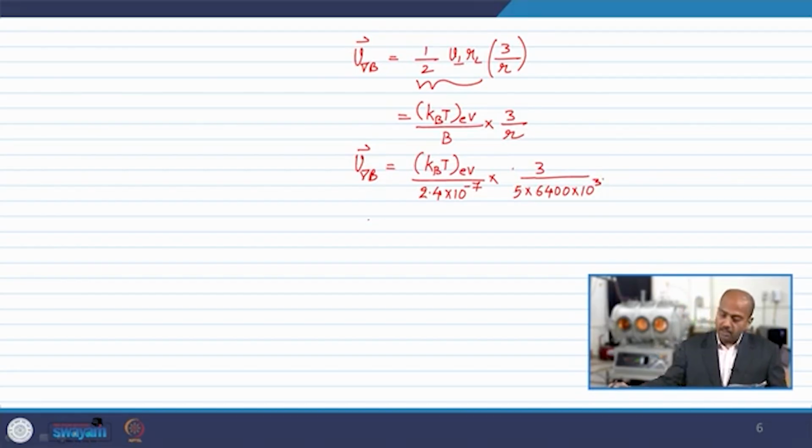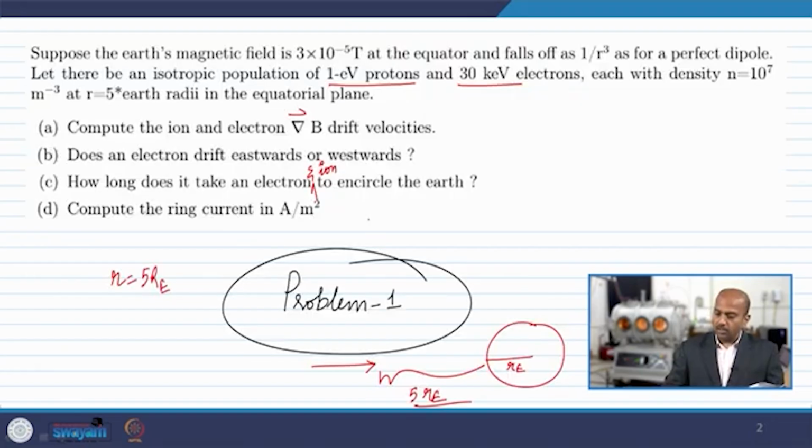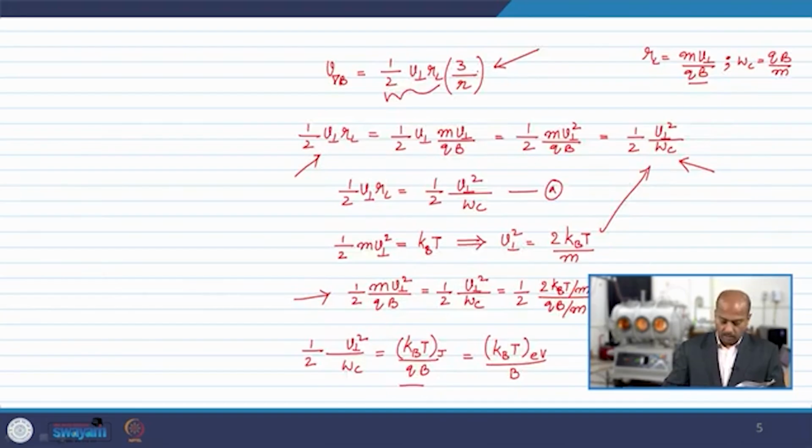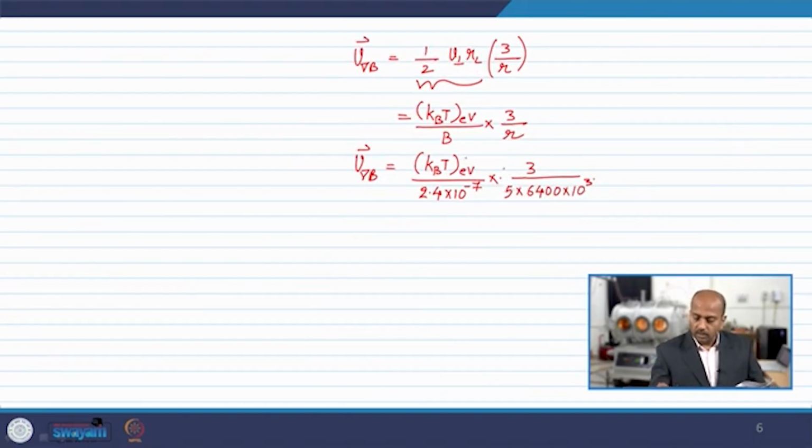Now, kBT is the energy of the plasma particle in electron volts. If you go back to the question, you will see that the protons, the positive charges, have an energy of 1 electron volt, and the electrons, the negative charges, have an energy of 30 keV. So it is already in units of electron volts, right. So we can use the energy directly in this formula.